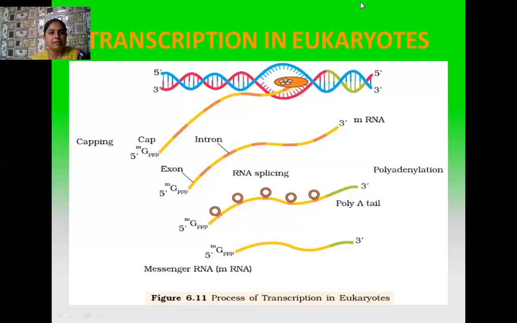Whereas the process of transcription is highly regulated in eukaryotes. First, the messenger RNA gets ready in the nucleus, and later on, after undergoing processing, it enters the cytoplasm and behaves as a template in the ribosomes for the process of translation.